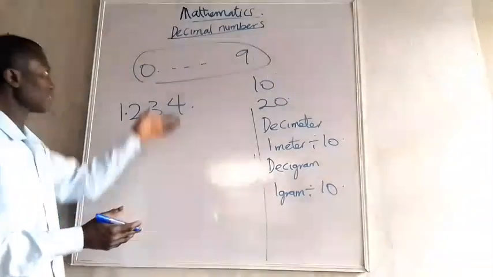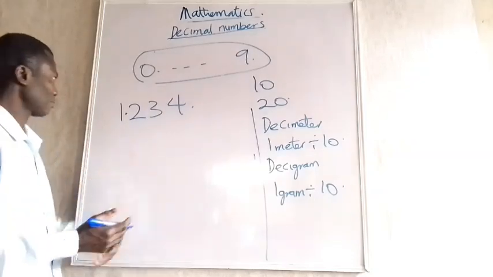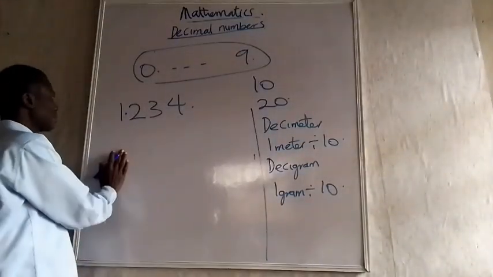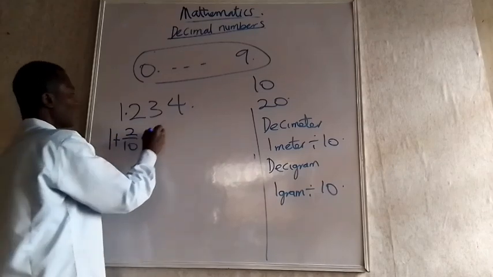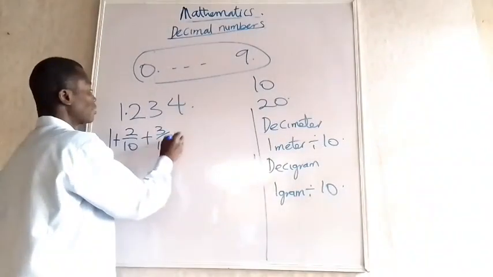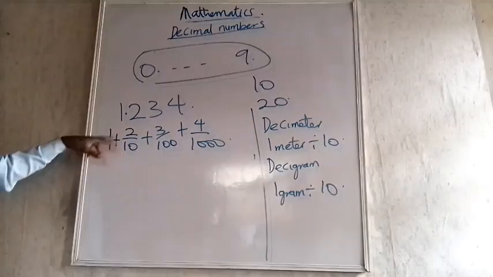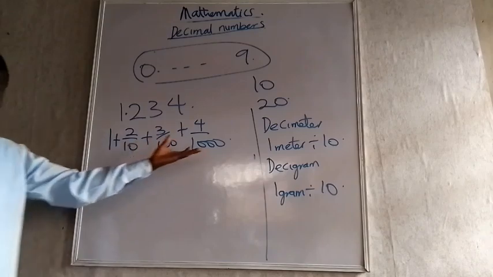I told you, when it was our normal number in tens, base of 10, it will be increasing and be multiplied by greater powers of 10. In this instance, this one is 1 plus 2 over 10 plus 3 over 100 plus 4 over 1,000. Can you see? You can see now.